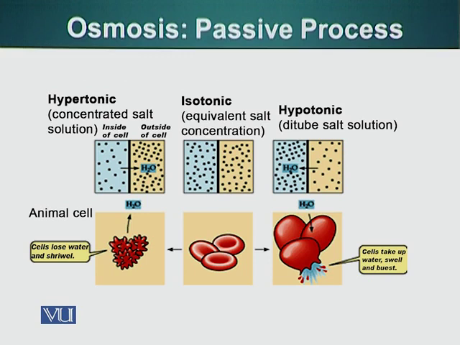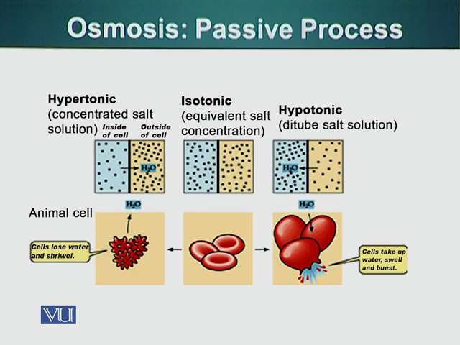If we put the same type of cell in a solution which has the same number of salt molecules and water molecules on the outside of the cell as they are inside the cell, there will be no change in the cell.